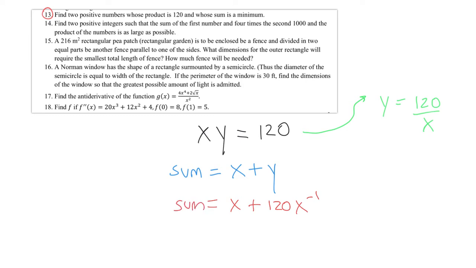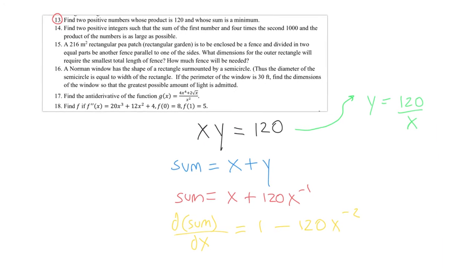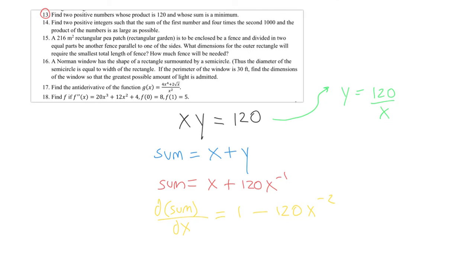Now, if we want the derivative of the sum, I'm going to use this notation instead. The derivative of the sum would be 1 minus 120 x to the negative 2, and that is also known as 1 minus 120 over x squared.